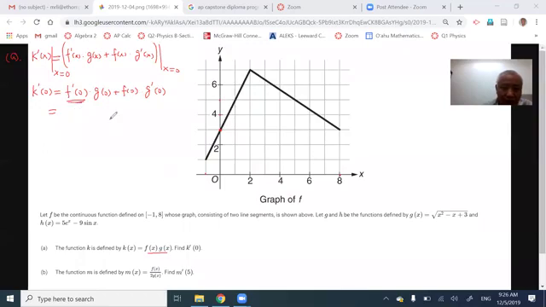The slope is rise over run, because it's a straight line. So this one will be equals to rise 2 over 1.